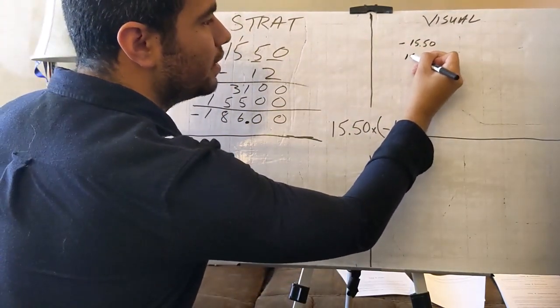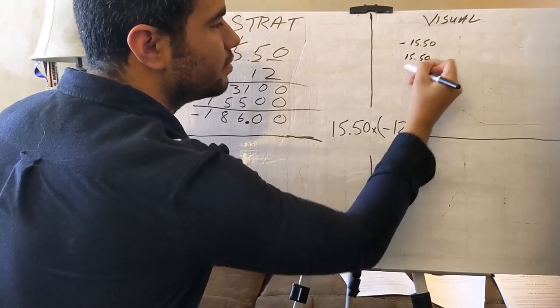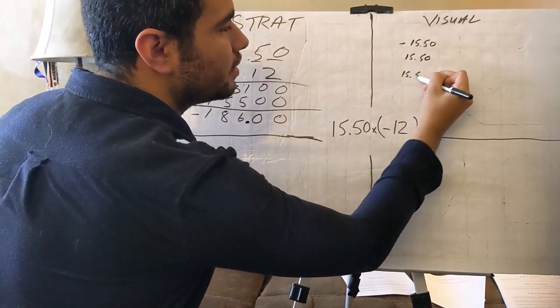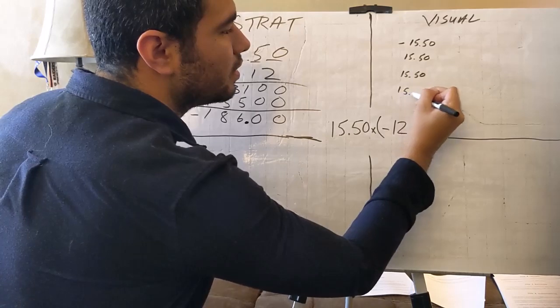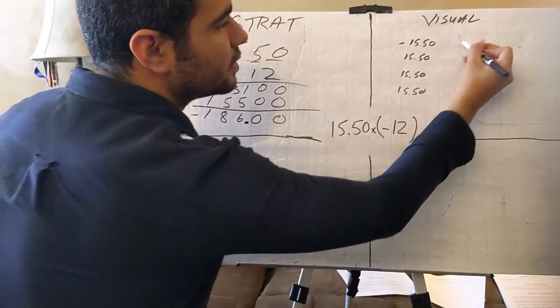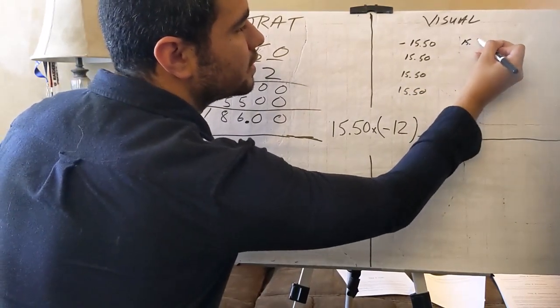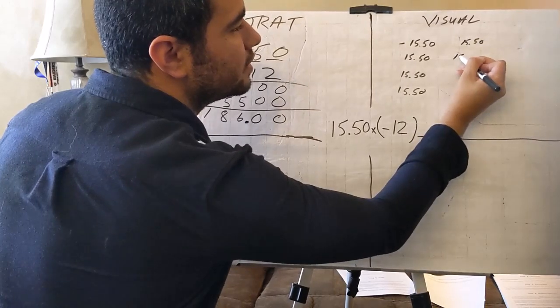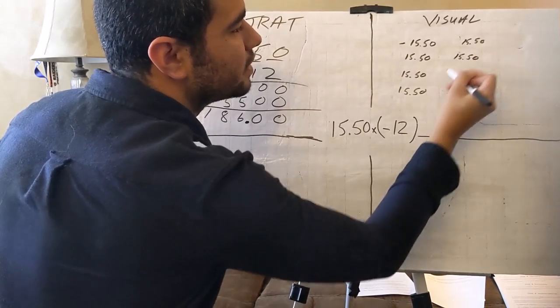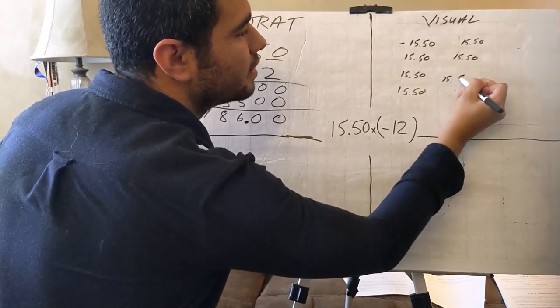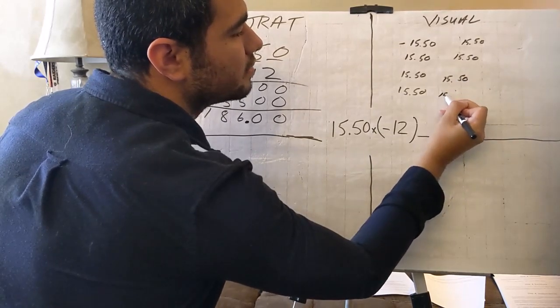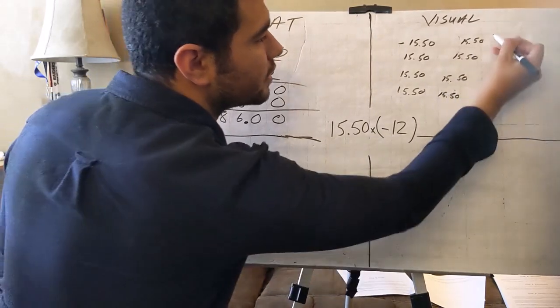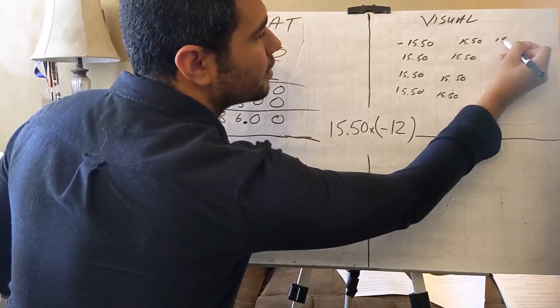I would have 12 groups of 15.50. So there's a late fee, there's a late fee, there's a late fee, there's a late fee, there's a late fee, there's a late fee. Kids, don't pay for your stuff late. It's very painful for your wallet.